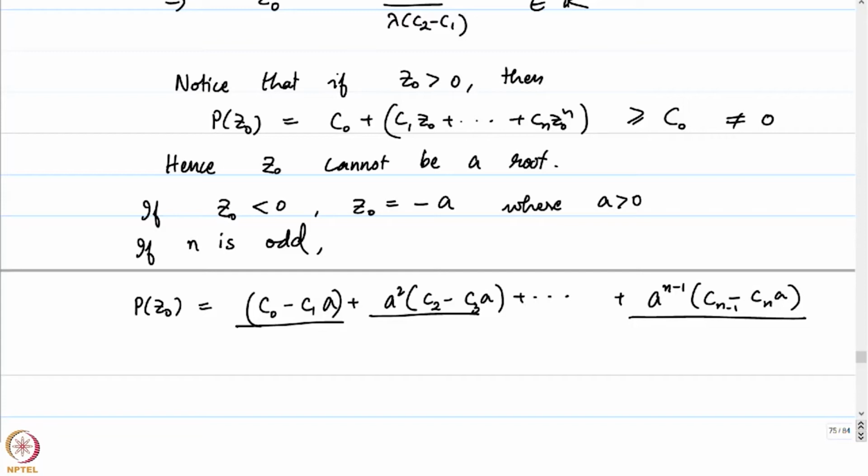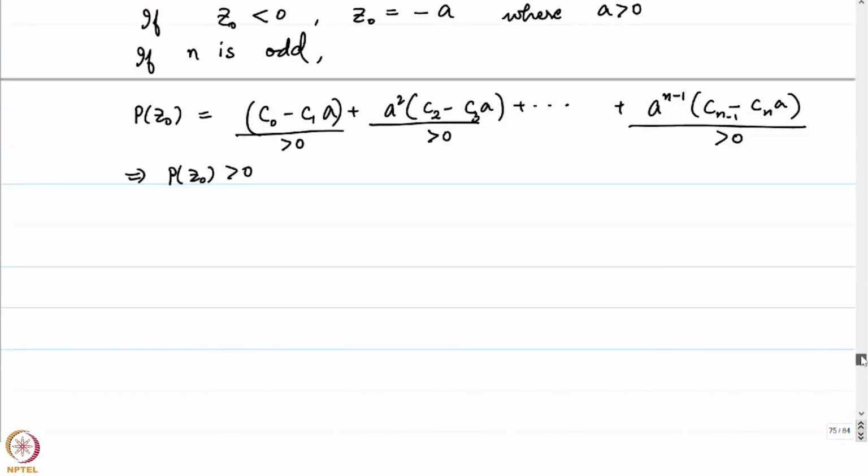So this will be strictly greater than 0, this will be strictly greater than 0, this will be strictly greater than 0. All these terms will be greater than 0, which would imply that P of z0 is greater than 0. It cannot be a root. And what happens if n is even? If n is even, then P of z0, again we will do the same clubbing.